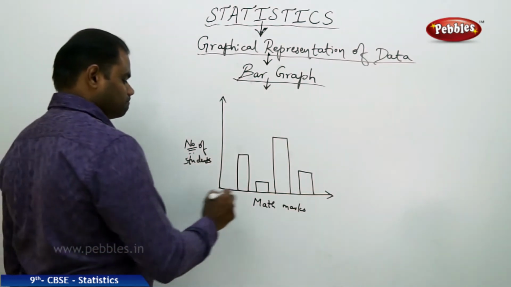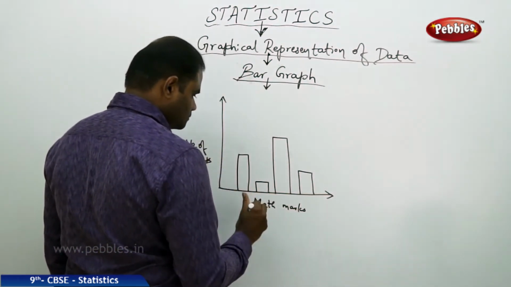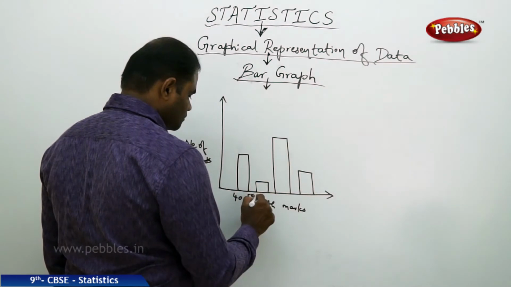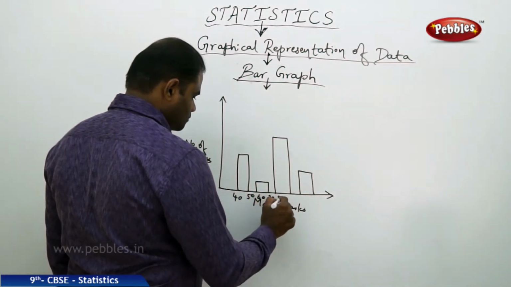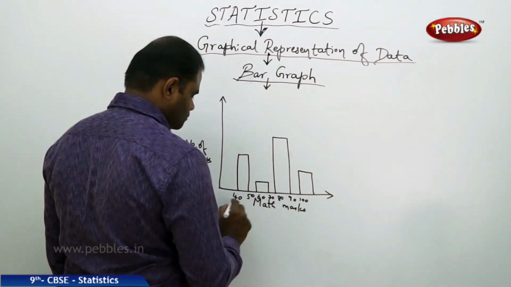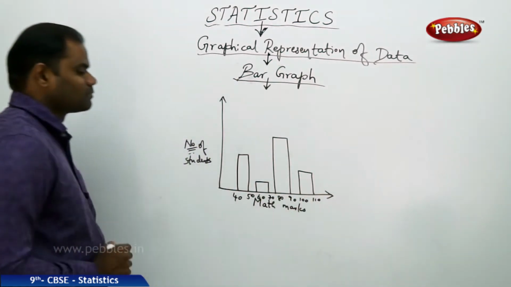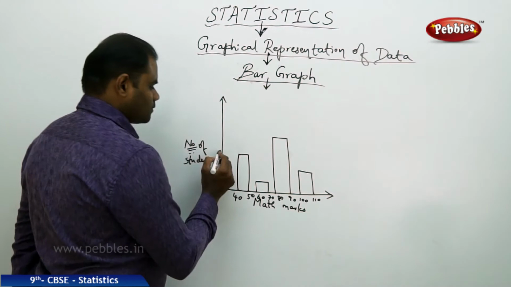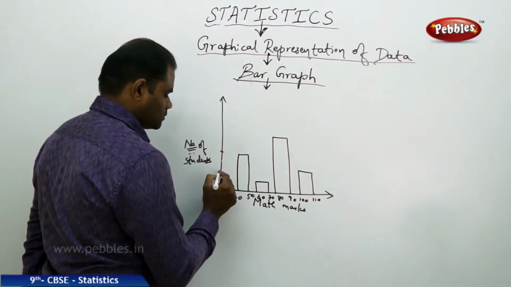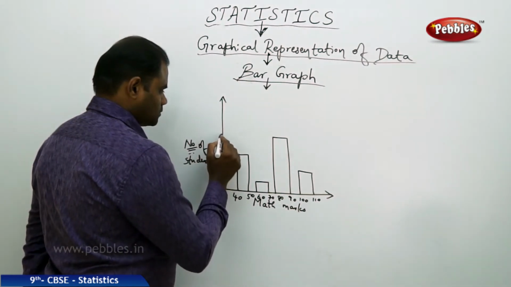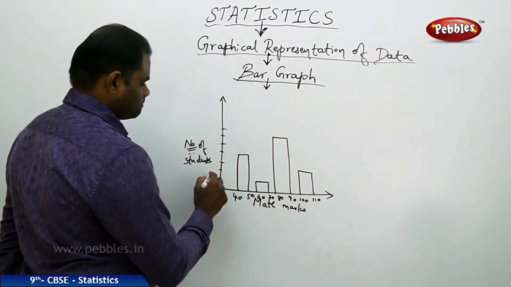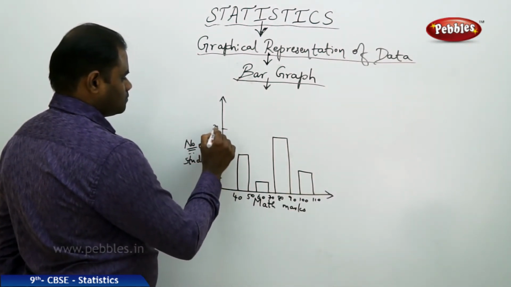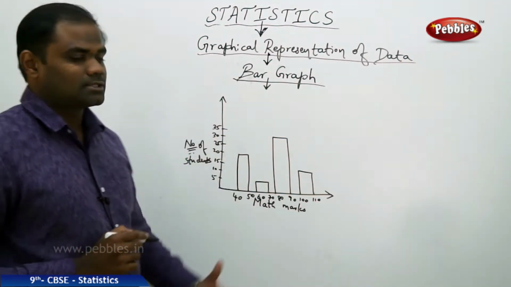So for example, I have the marks on the x-axis and the number of students on the y-axis, where they are listed through this graph.